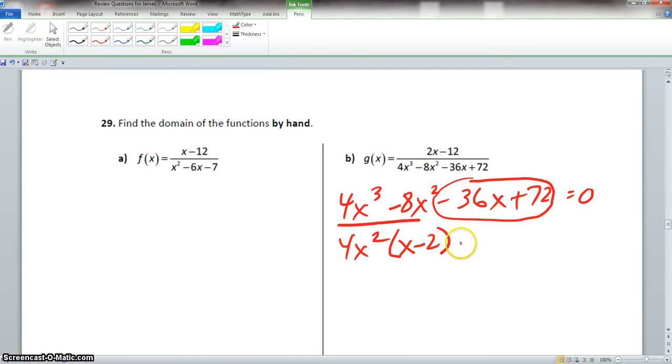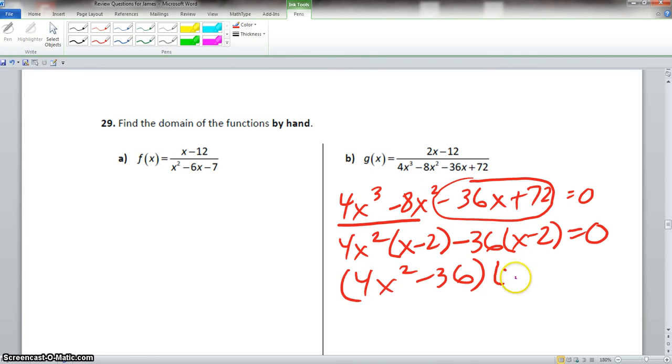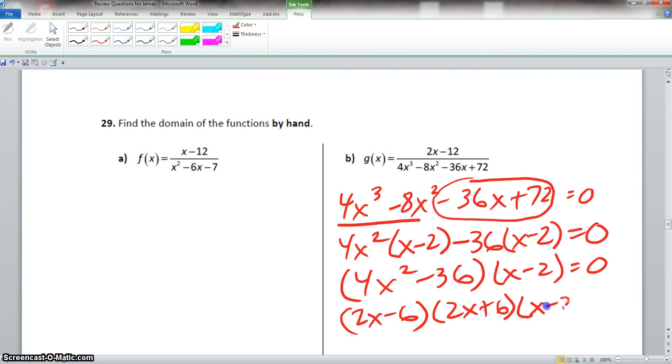And we could factor out a negative 36, and that will give us x minus 2. That equals 0. So now we have 4x squared minus 36, and then x minus 2, equals 0. Now, this is the difference of 2 squares. So this would be 2x minus 6, 2x plus 6, and x minus 2, all equal to 0.